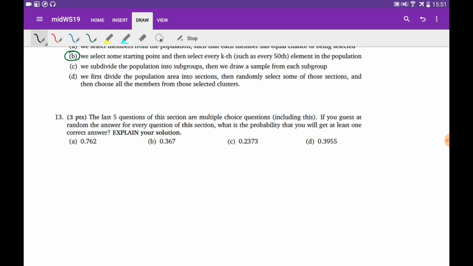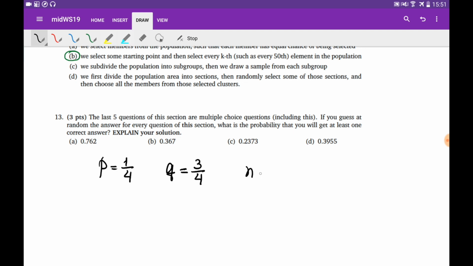So the last 5 questions in this section are multiple choice questions, including this one. If you guess at random for every question, the probability that you will get the correct answer is going to be 1/4 because there are 4 options, and the probability that you're going to be wrong is 3/4.